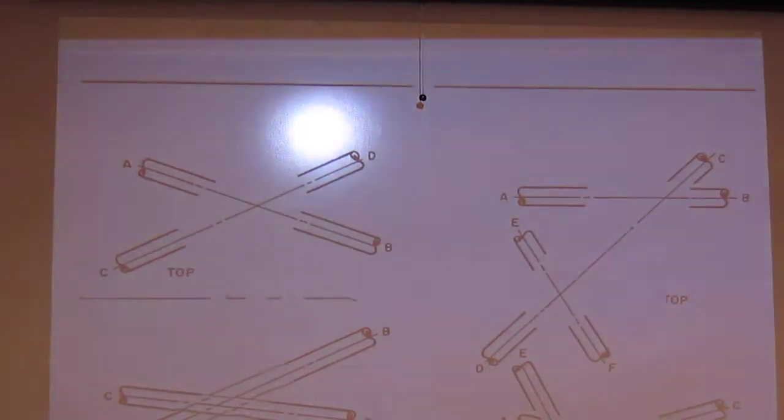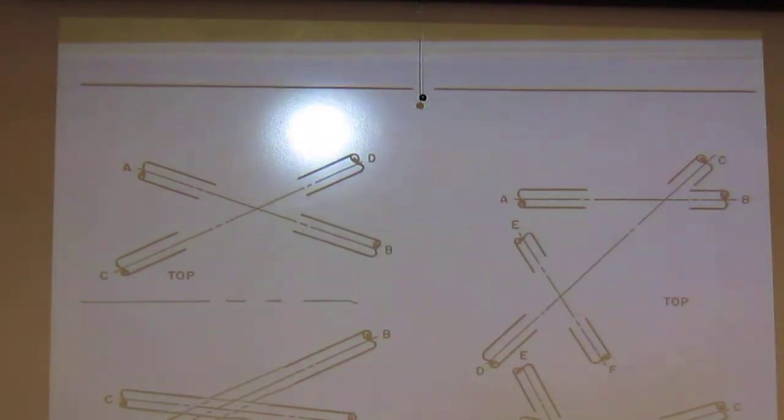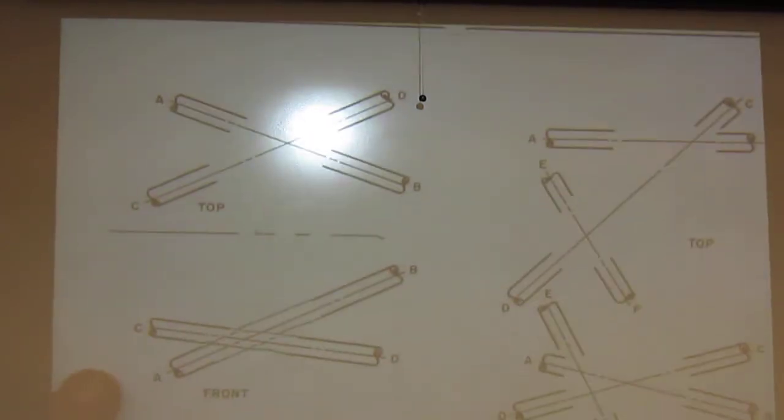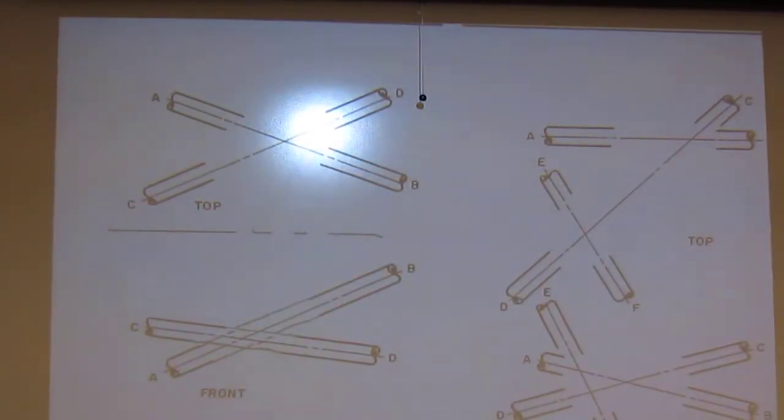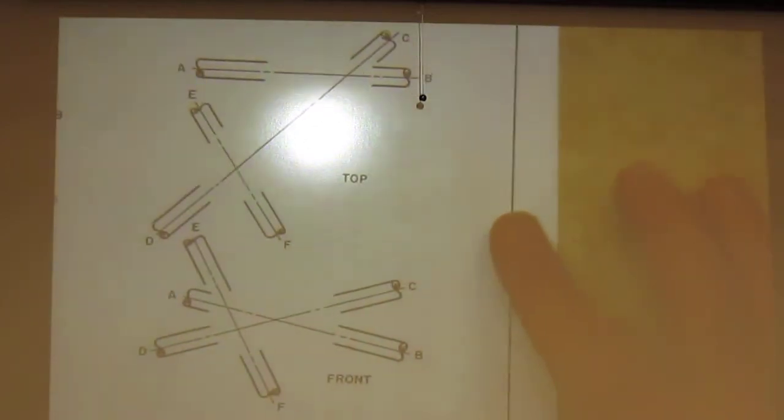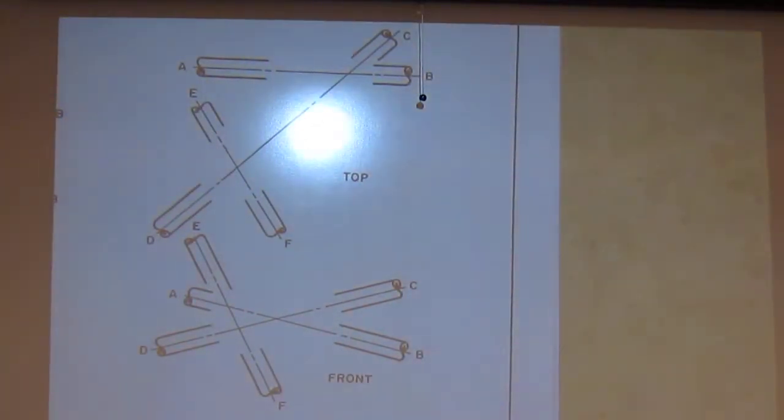Now, when you come to the one on the right, I'll wait just a moment. Looks like everybody's got their head down. Okay, on the one on the right, again, you've got a front and top view. This time they've brought another pipe into the deal. You're going to have to look at each point of intersection.